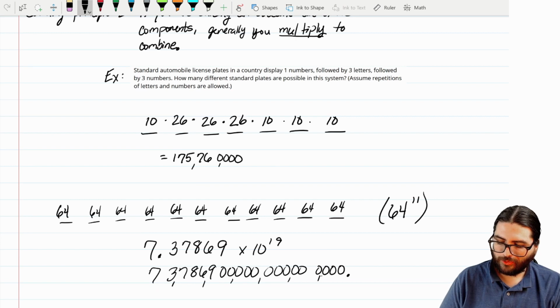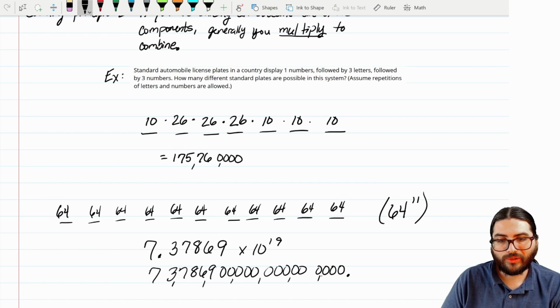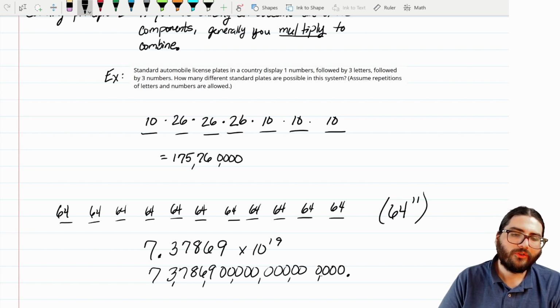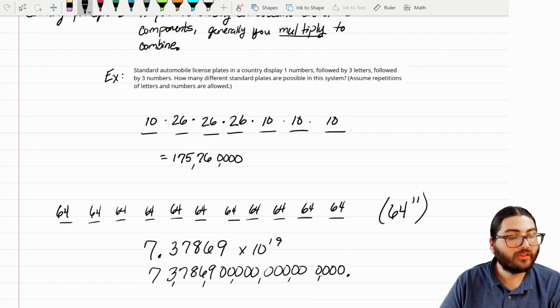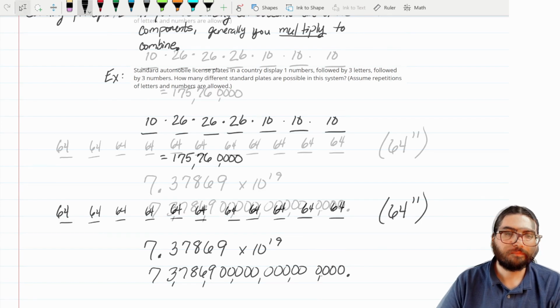Thousands, millions, billions, trillions, quadrillions, quintillions: 73 quintillion, 786 quadrillion, 900 trillion videos. It's a huge number. You can see these numbers get very big very quickly. And it's all having to do with picking the number of possibilities and multiplying them together.